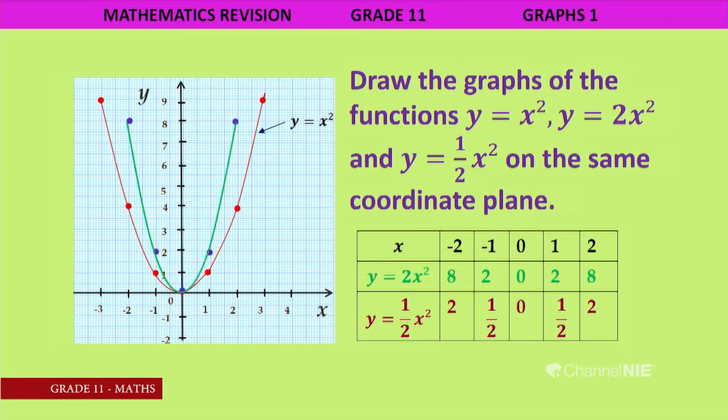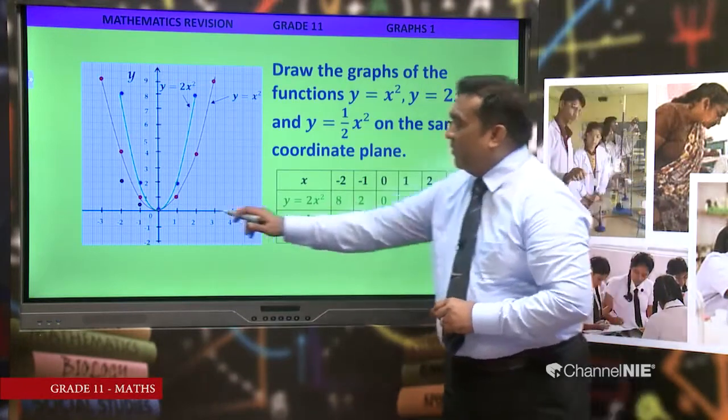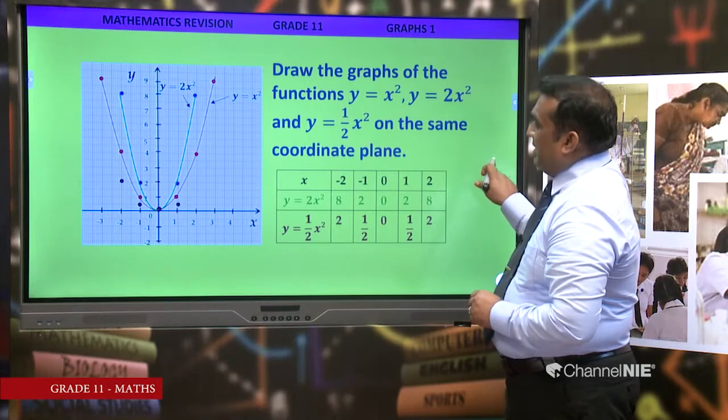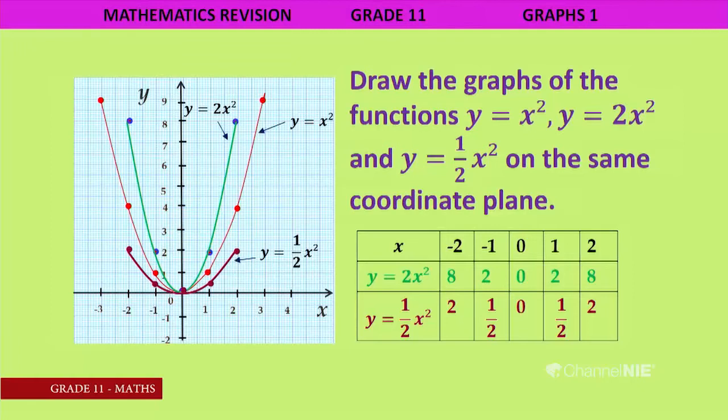Then this is our y equals 2x squared parabola. Marking points. Can you see it? Y equals half x squared. There are 3 curved line graphs.